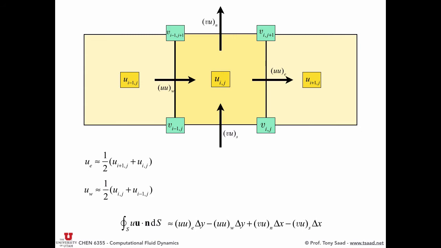Now, what about U north? So that's this U. It's this guy plus the guy above it over 2, right? So there's a j plus 1. So U north is Uij plus 1 plus Uij over 2. Just averaging. I find it useful to do this.